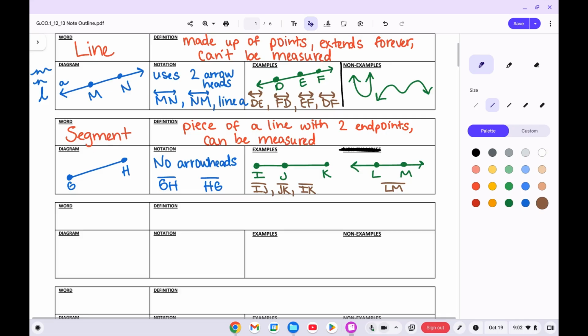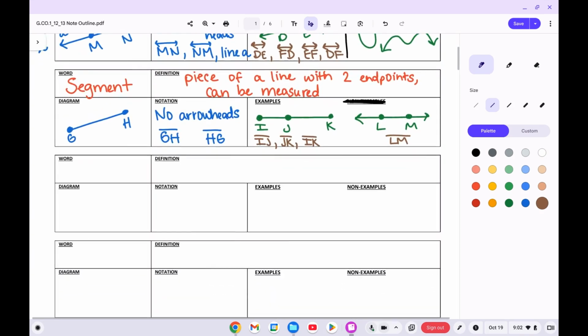Okay, last word that we're going to add to our sheet for today, and that is the word ray. A ray is also a part of a line.